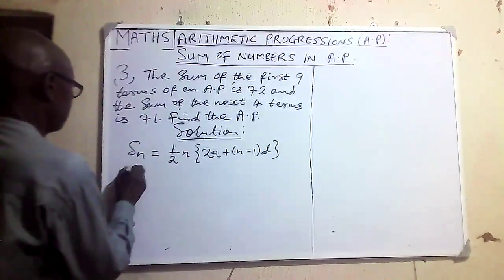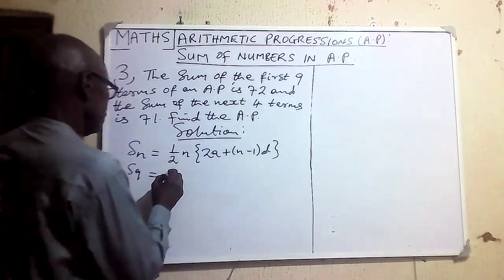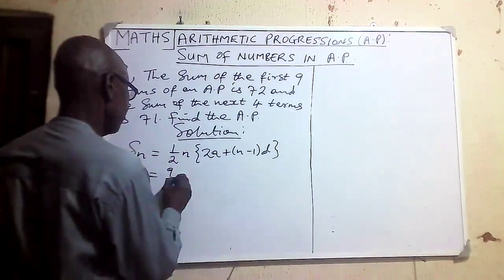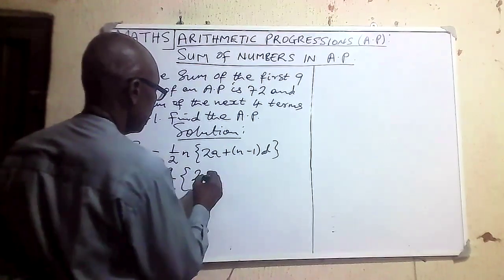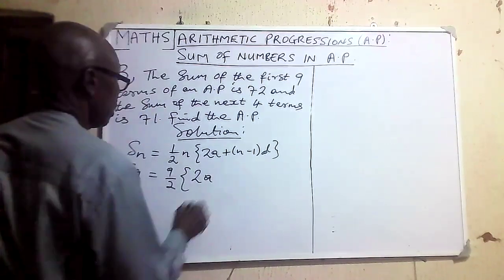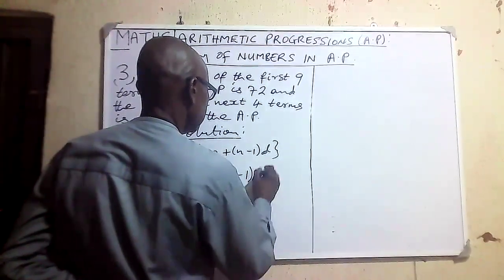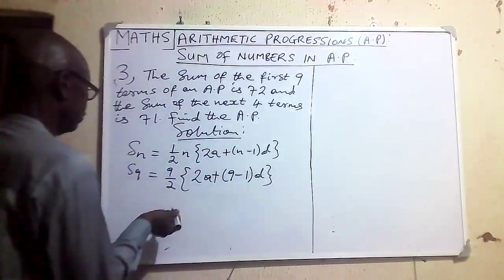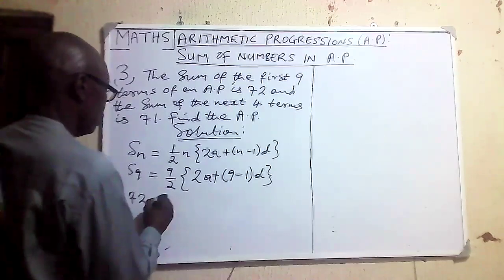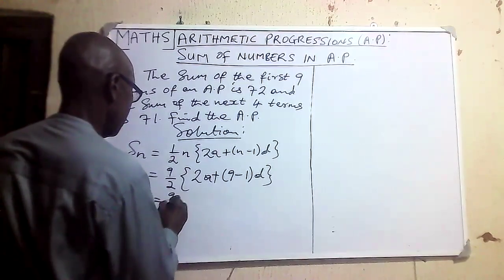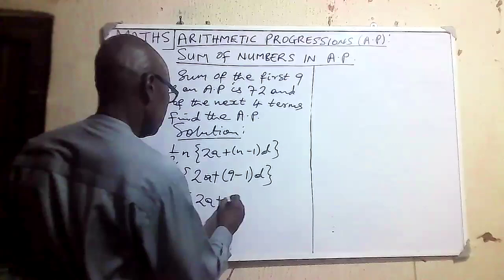Now, put the formula S9, that is the sum of the first 9 terms, equal to 9 over 2 into 2a plus 9 minus 1 d. And if you simplify, that should give us 72 equal to 9 over 2 into 2a plus 8d.